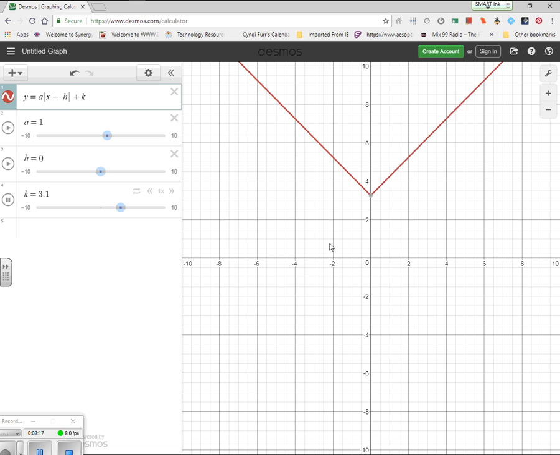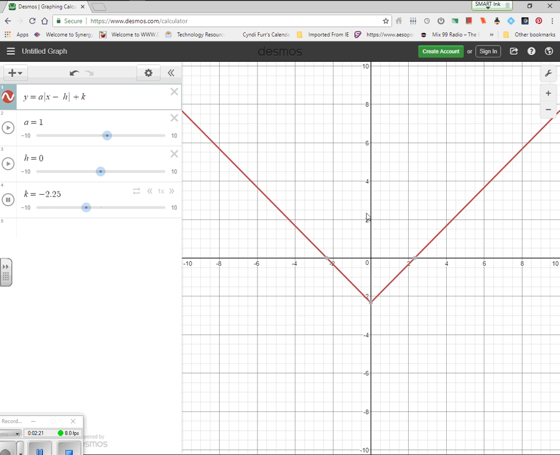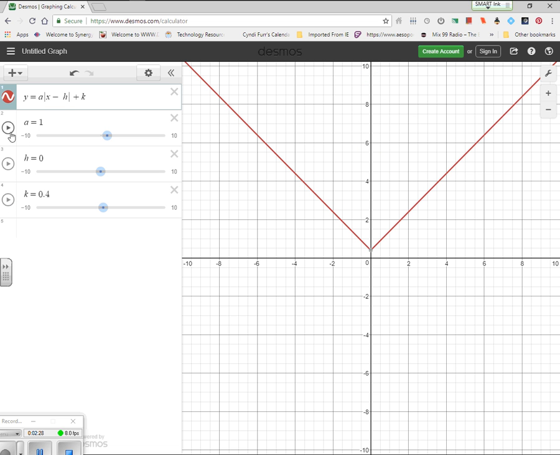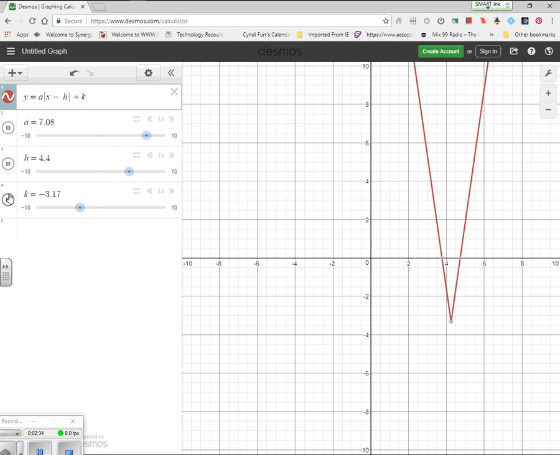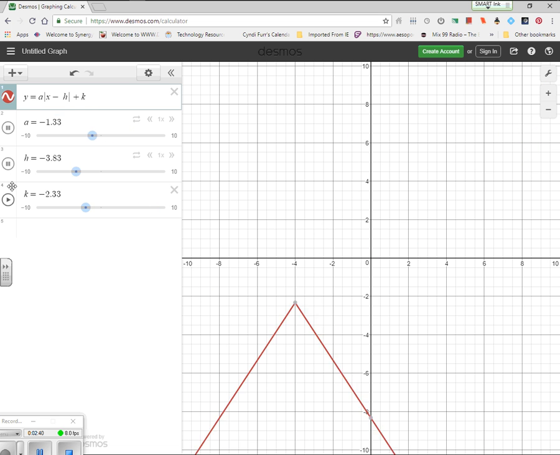This is called translations. That's when you pick up the graph and move it up, down, or sideways. Now, if everything changes, notice what happens. So we're going to use this fact to make the graph over here.